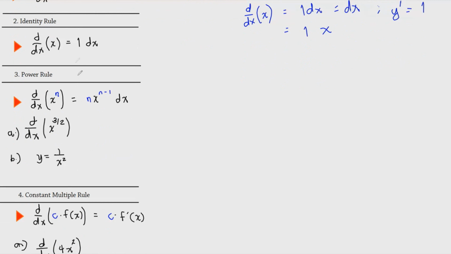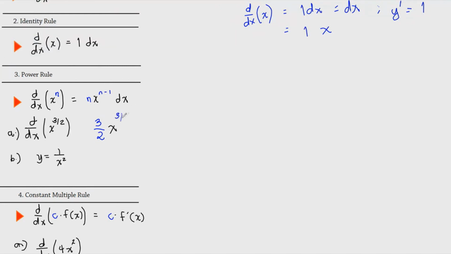So let's try doing that on this example. 3/2 is our n. Based on this rule, I just need to place our exponent in front of the variable x, so that's 3/2 multiplied with x, and then I need to subtract 1 from 3/2.